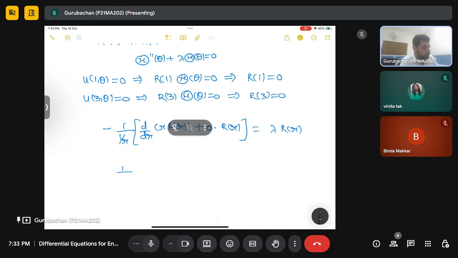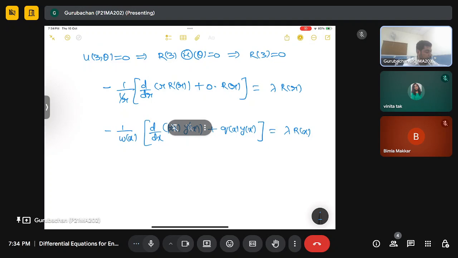So you may write it as like this. You can see how it was looking like earlier. So p(x) y dash plus q(x) y(x) equals lambda times some r(x) y.